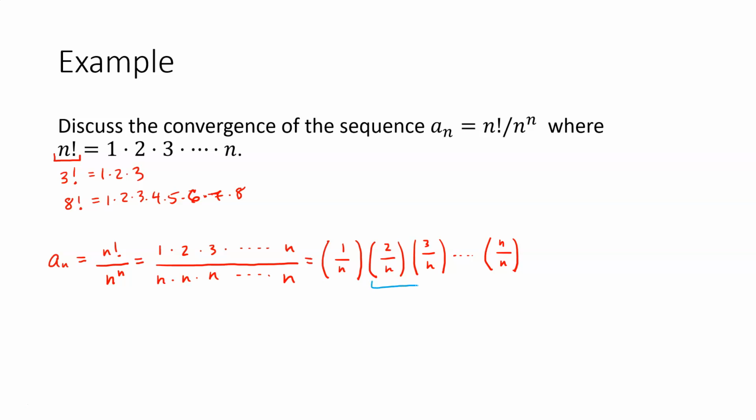So since we know all of these values here are going to be less than or equal to 1, then 1 over n times something that's less than or equal to 1 will be less than or equal to 1 over n.